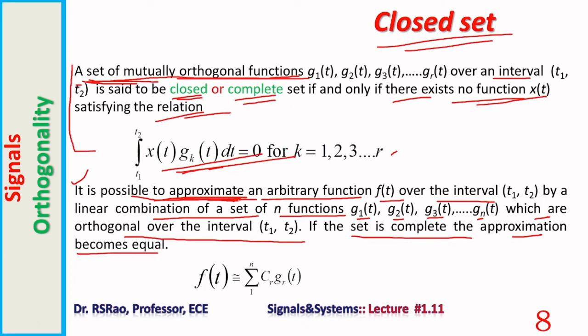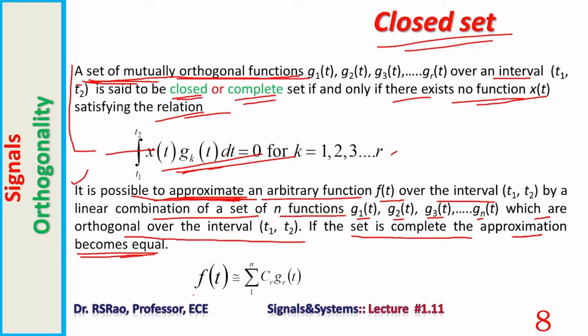It is possible to expand an arbitrary function f of t over the interval by a linear combination of a set of functions g1, g2, g3, etc., which form a closed set. If the set is complete or closed, then the approximation becomes equal. If the set is not complete, it is just an approximation.